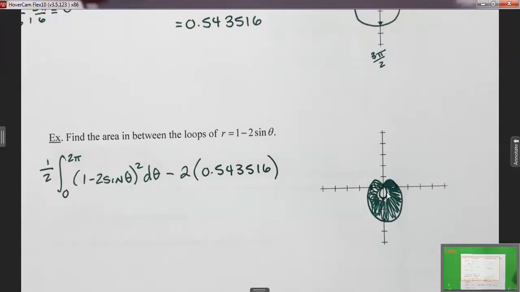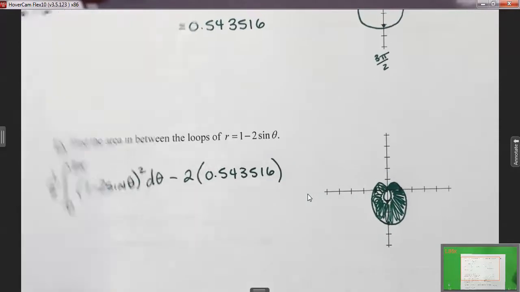Or you could go from 5 pi over 6 to 3 pi over 2 and just double it. Just do it the way you understand. Are you good? All right, we're not going to calculate this because you can do that on your calculator.